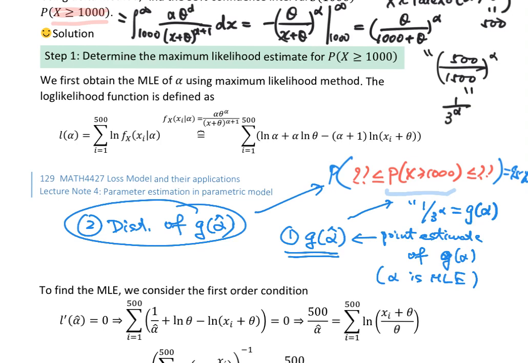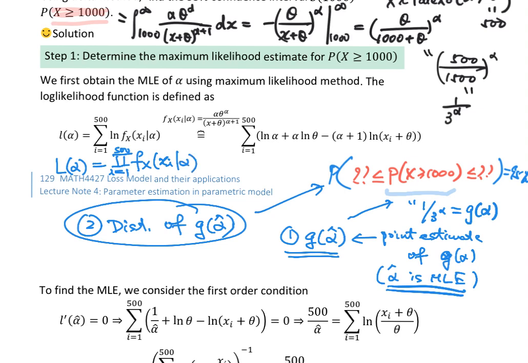Now let us try to do that one by one. In order to get this estimate, you have to get the MLE of this alpha. To do that, we use the maximum likelihood method. Remember, we first consider the likelihood function, which is the product of this stuff, right?